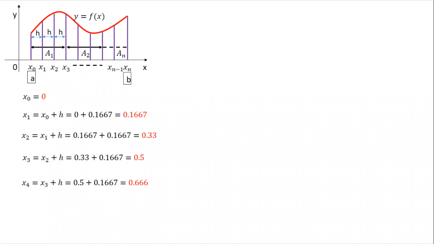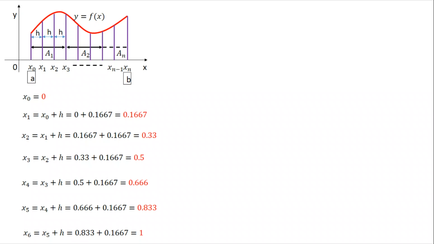Then x4 is x3 plus h, 0.5 plus 0.1667 equals 0.666. x5 is x4 plus h, 0.666 plus 0.1667 equals 0.833. x6 is x5 plus h, 0.833 plus 0.1667 equals 1.